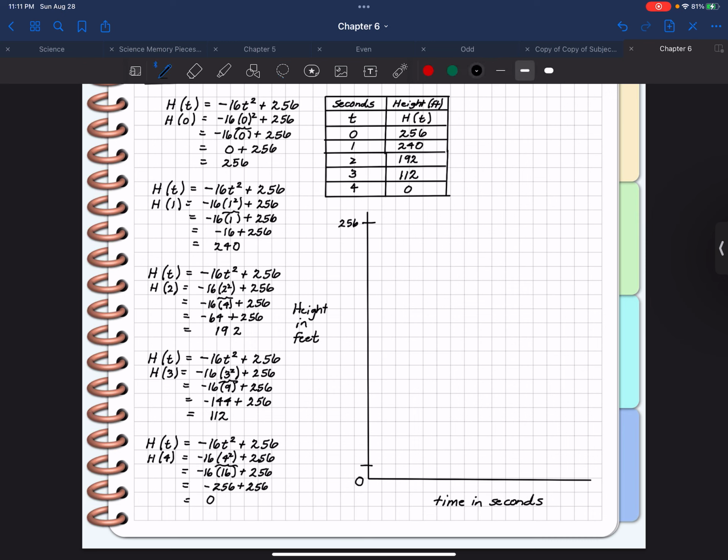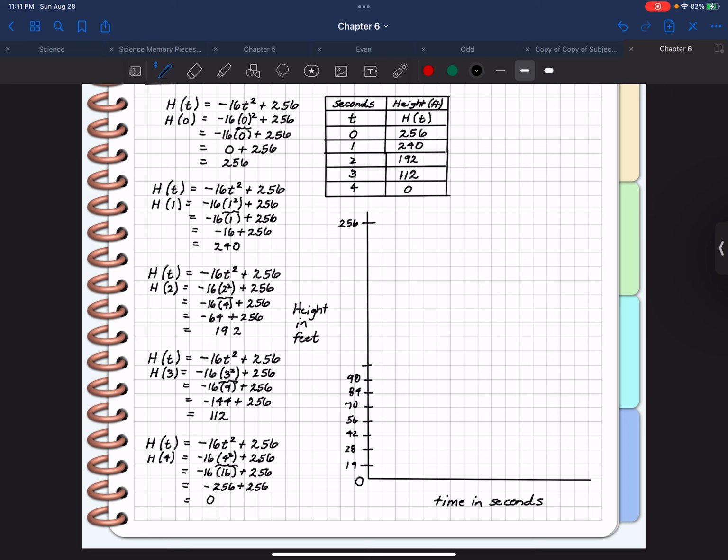So here's 14. There's 28. 28 plus 14 is 42. 42 plus 14 is 56. 56 plus 14 is 70. 70 plus 14 is 84. 84 plus 14 is 98.